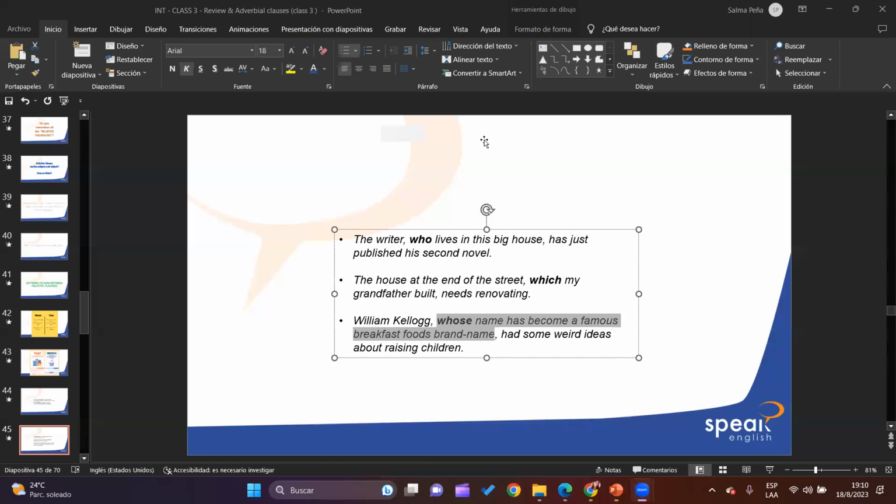Okay, let's see. Rocio, help me with this, to read the structure. Okay, would plus subject plus verb in base form plus complement. Martin, help me with the example. Sorry, teacher, I have a problem with the computer.